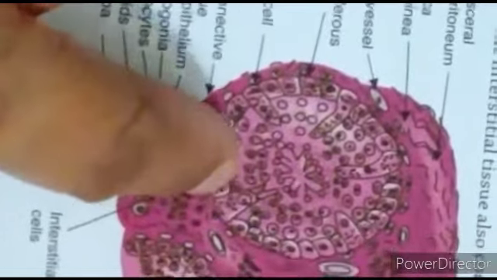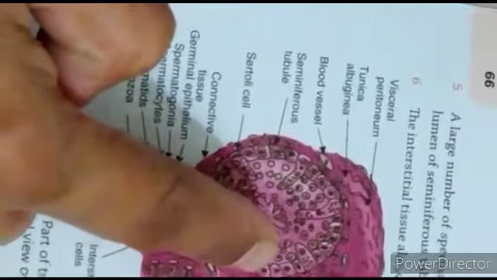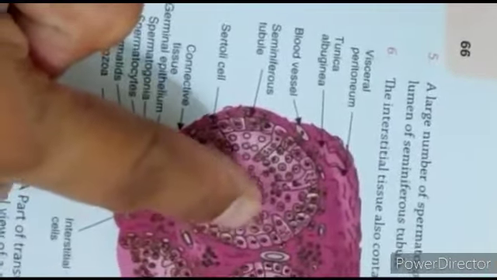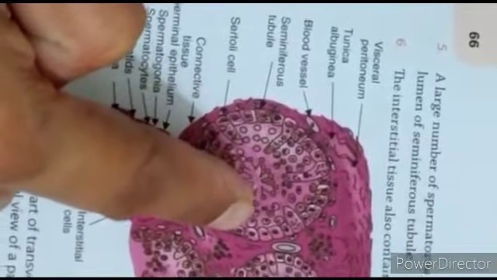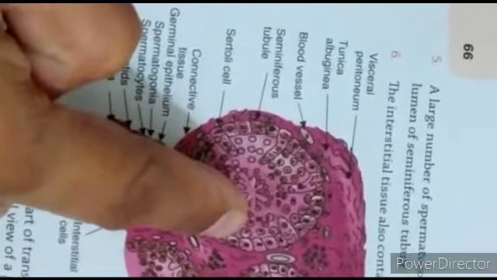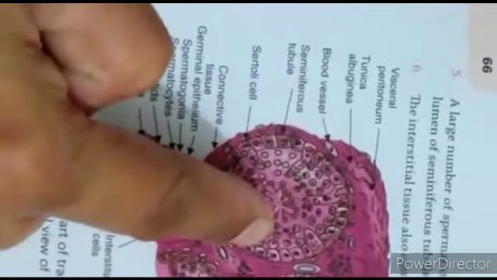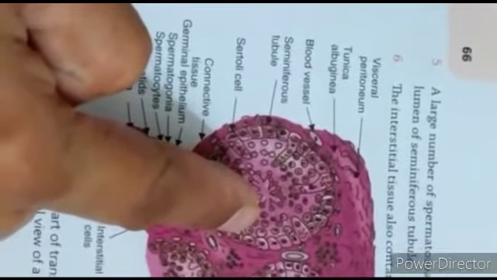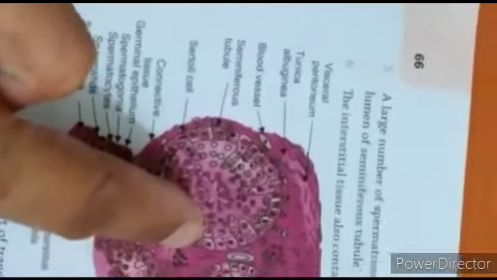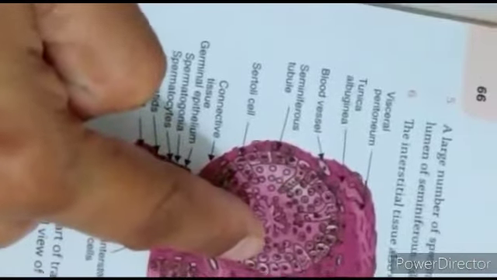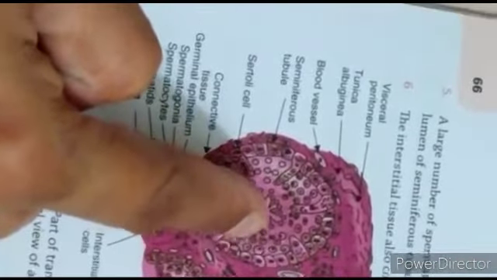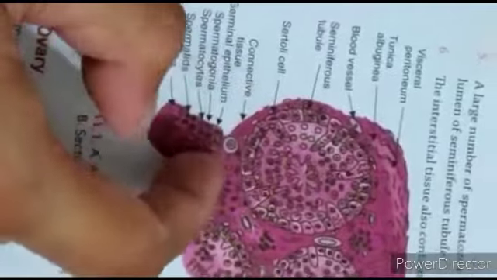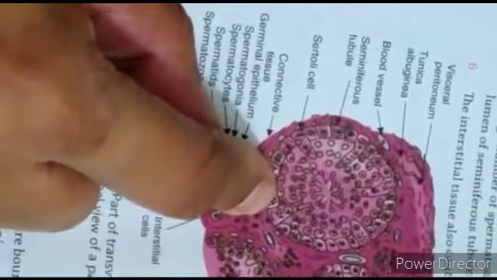They are actually meant for nourishing the spermatozoa. Now this germinal epithelial cell undergoes the meiotic division, the first meiotic division and the second meiotic division. The first meiotic division results in the formation of the primary spermatocyte, and the secondary spermatocyte, which forms the 4 spermatids.